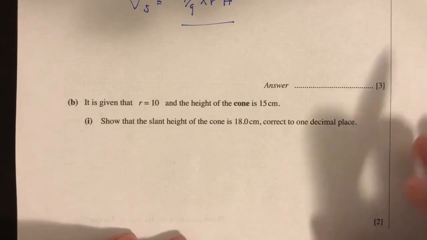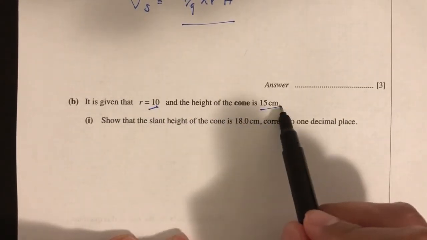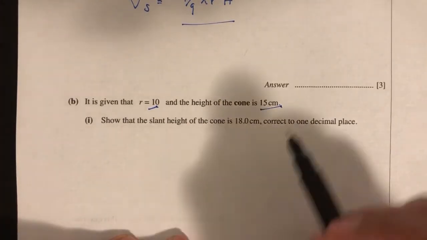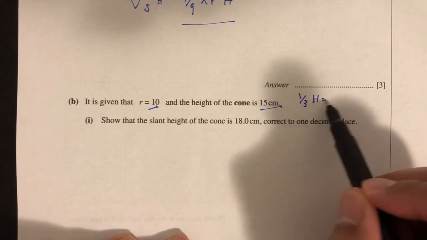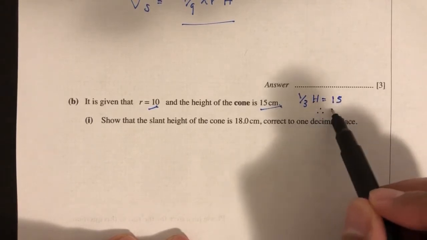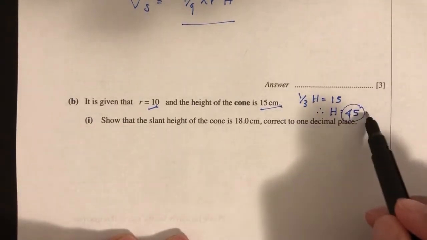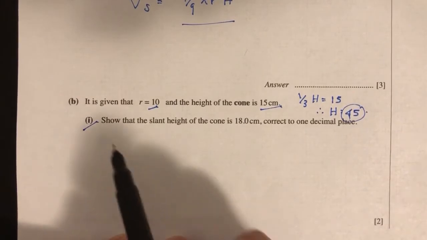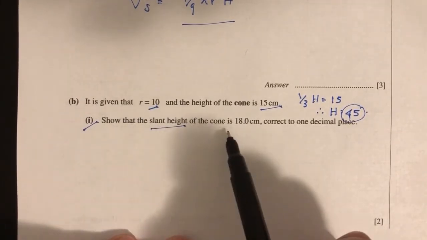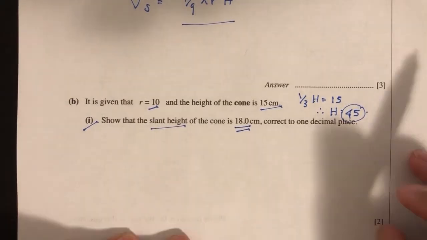Now moving on to part B, it is given that r is 10 and the height of the cone is 15. Okay, so we know that the height of the cone, which was 1 over 3 h, is equal to 15. So the h will be 45. That's the big H. Now the radius is r. Part 1, show that the slant height of the cone is 18 centimeters. So very easy.